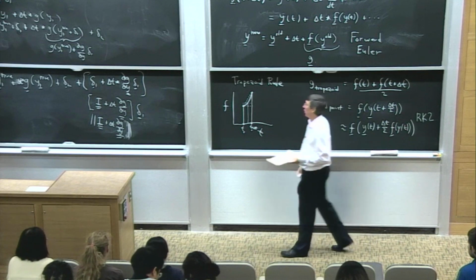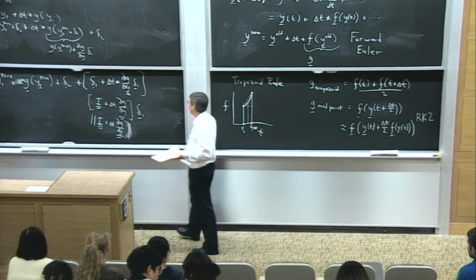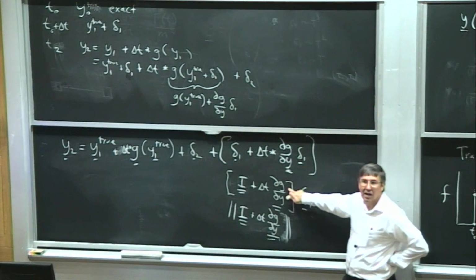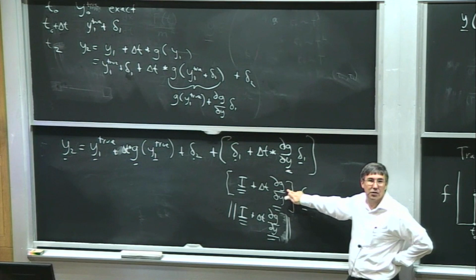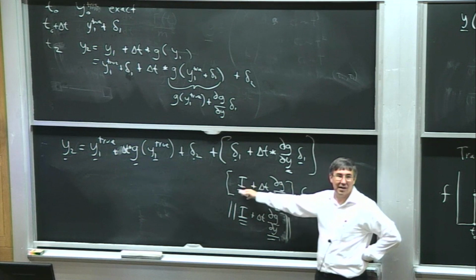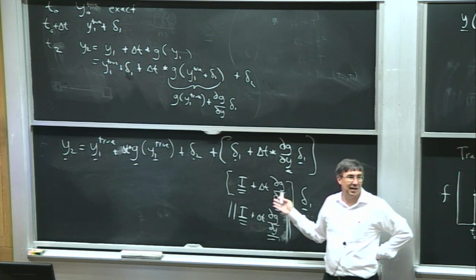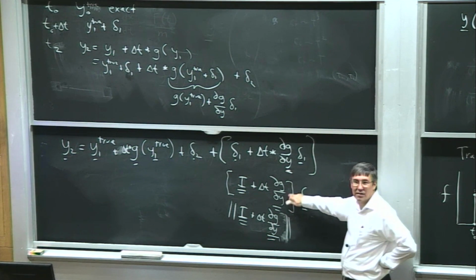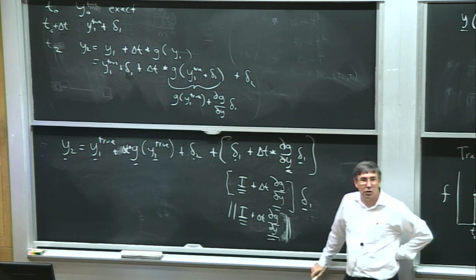Okay, so let's think of cases where it's going to be problematic for sure. So if dg dy, say if all its eigenvalues are positive, and you add it to an identity matrix, the thing is still going to have eigenvalues bigger than 1. Can you see that? Right? And actually, what do we say when dg dy has a positive eigenvalue? You guys have a word for this already.